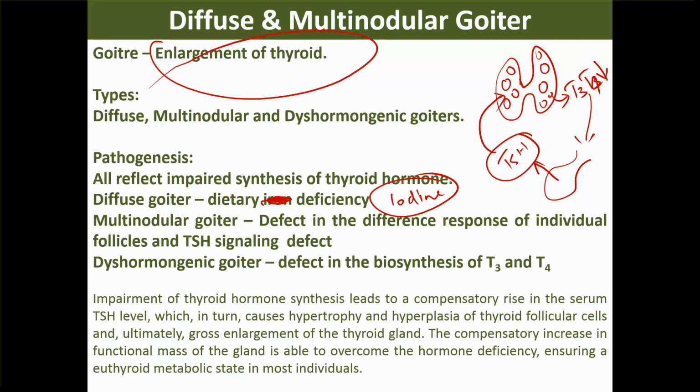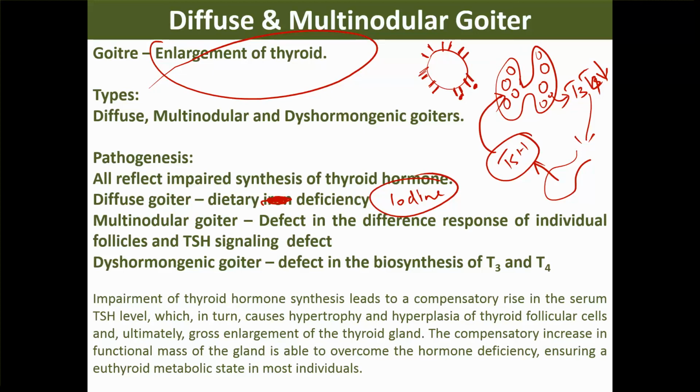If you see what the TSH does, the thyroid cells have TSH receptors. The TSH goes and sits here and stimulates. So what you have to understand is the thyroid follicular cells will not have an equal amount of receptors.